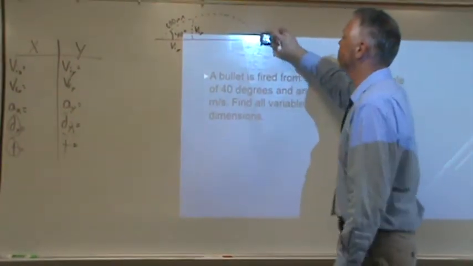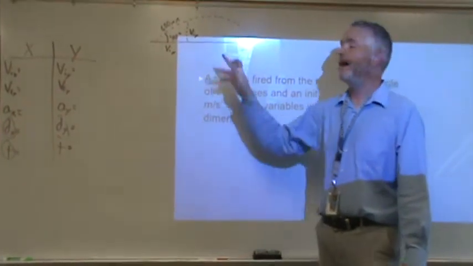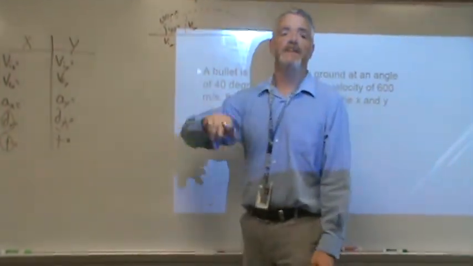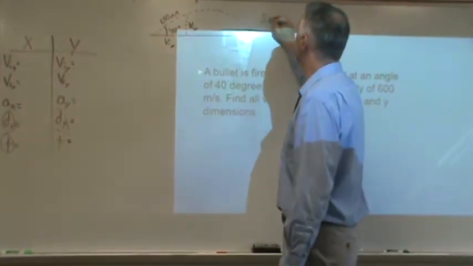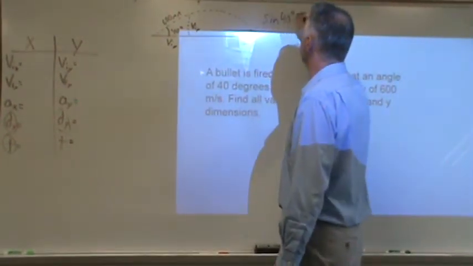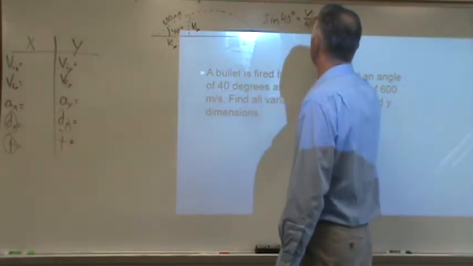So what do I do first? Pick one. VIY. How do I find it? It's my opposite side. What do I use? Sine of 40 degrees equals VIY, which is opposite, over hypotenuse, which is 600.